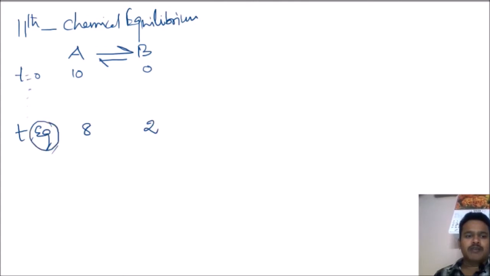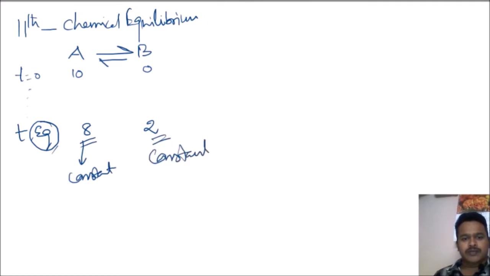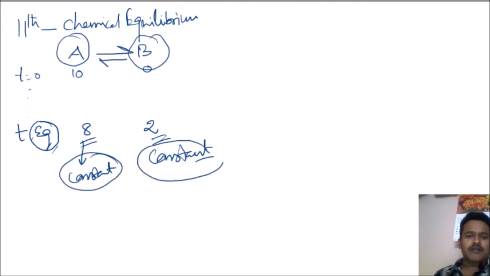Once the equilibrium state is achieved, the concentration of A is constant and the concentration of B is constant. The state at which reactants and products achieve constant values of concentration is called equilibrium.